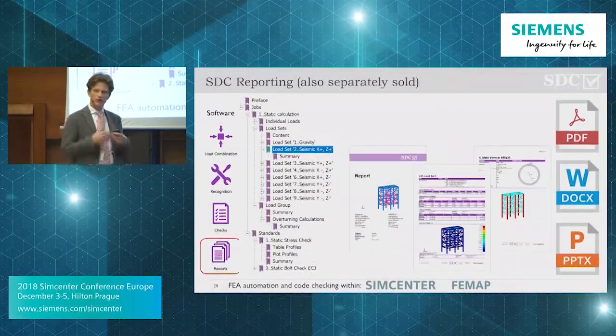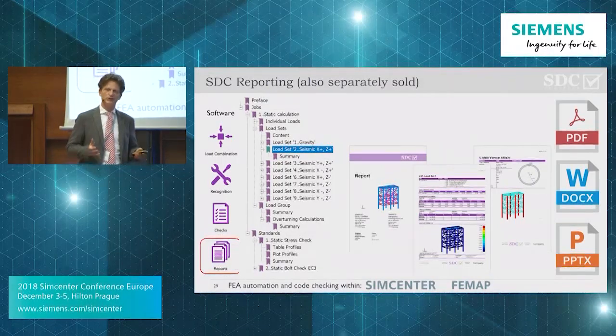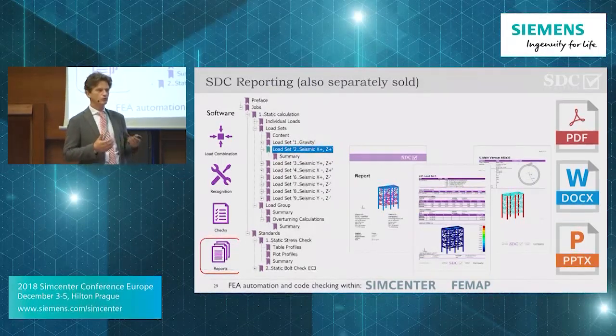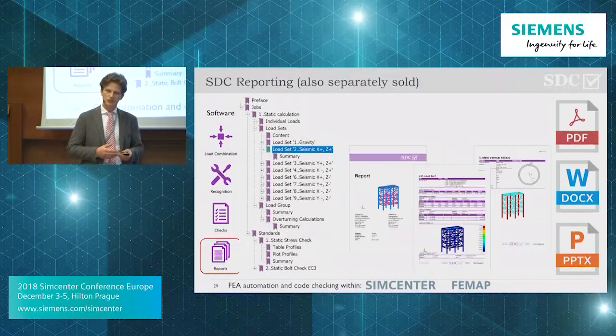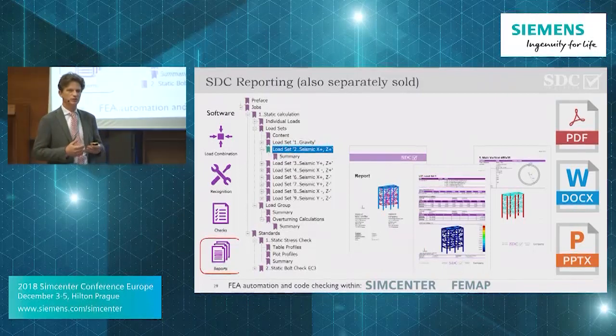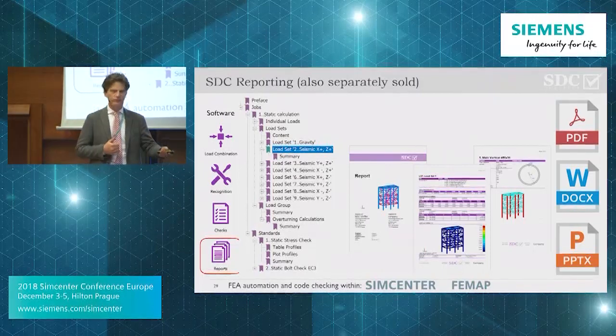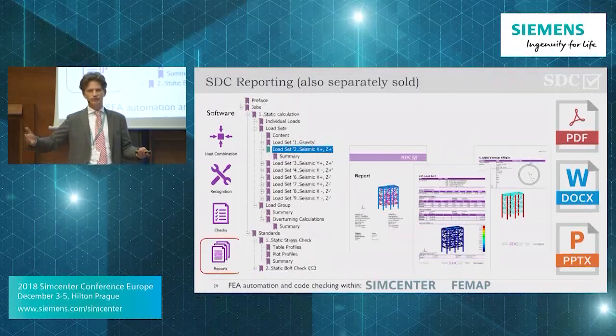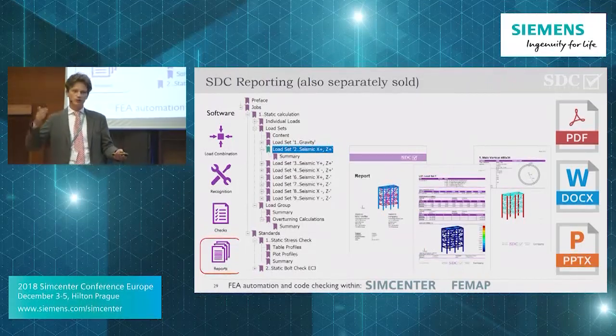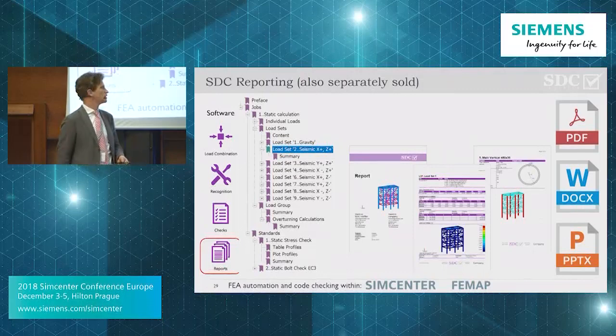The last part is the reporting part. If you have a lot of load cases, you want also to have very extensive reporting capabilities, because sometimes it's required to have all your load cases, even if you do not check them one by one, reported. That can be an issue.